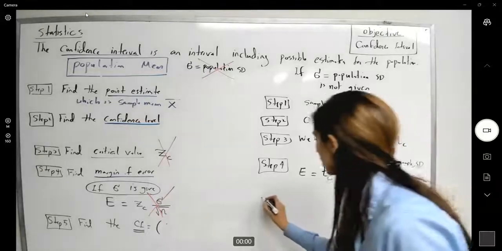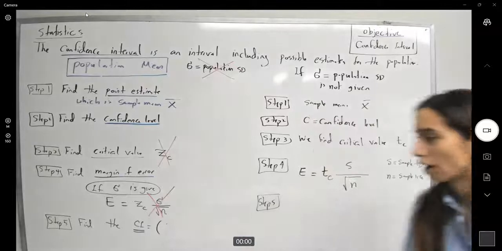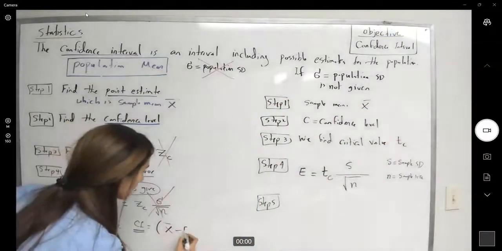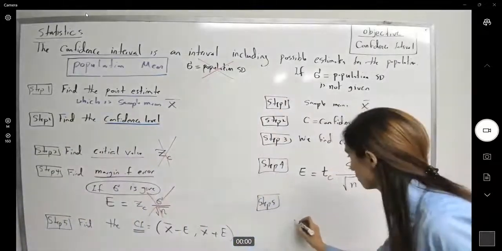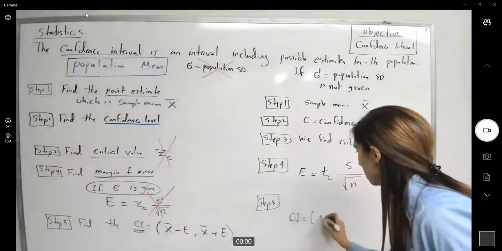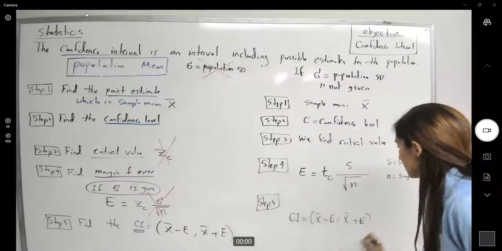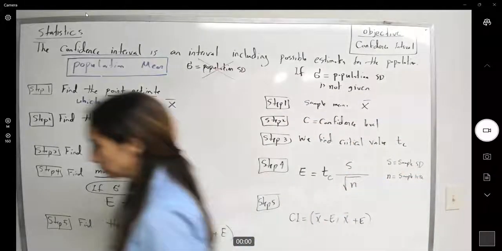And finally, step 5, find your confidence interval, which is X bar minus E, X bar plus E. These are the steps that we have to take.